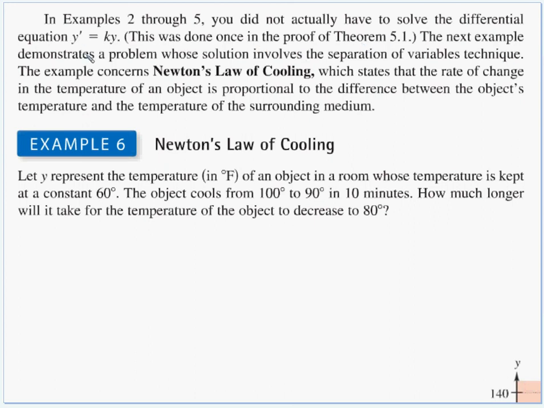The next example here demonstrates a problem whose solution involves the separation of variables technique, and this example concerns Newton's law of cooling, which states that the rate of change in the temperature of an object is proportional to the difference between the object's temperature and the temperature of the surrounding medium.